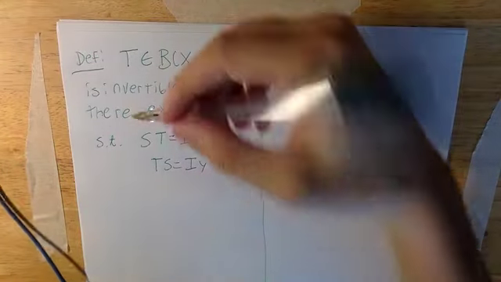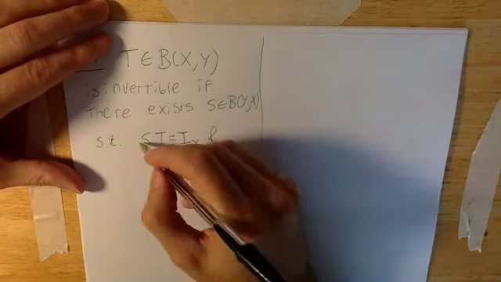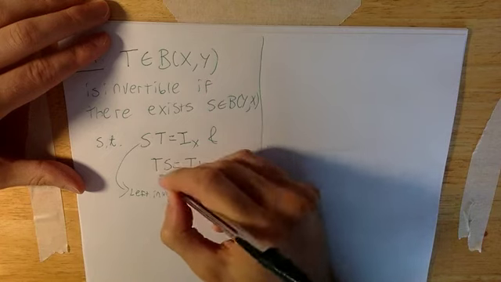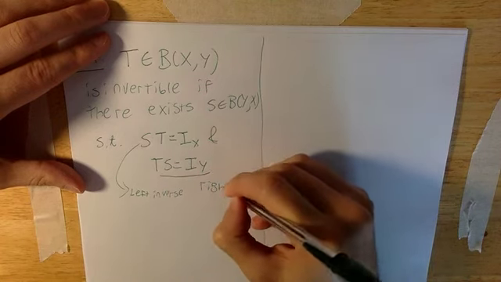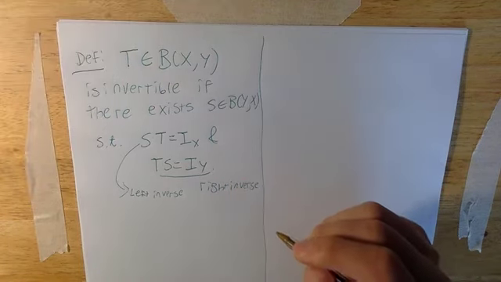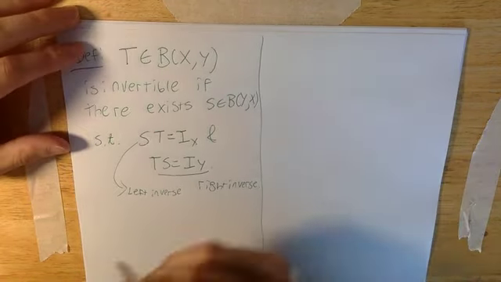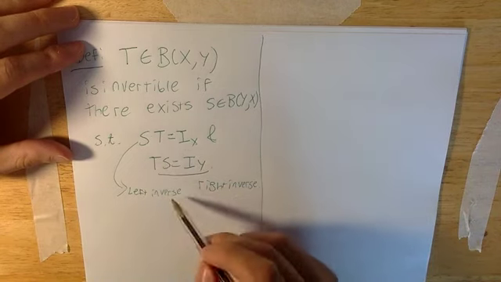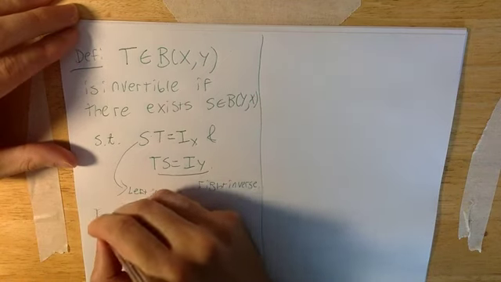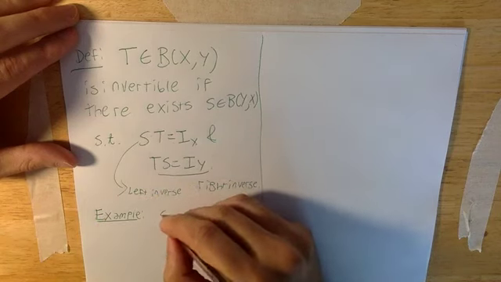Okay, so this is what you would call the left inverse, and this is what you would call a right inverse. Just to give you an idea of when these things could not actually be the same, let's take the example that we have done before, which is the shift operator.